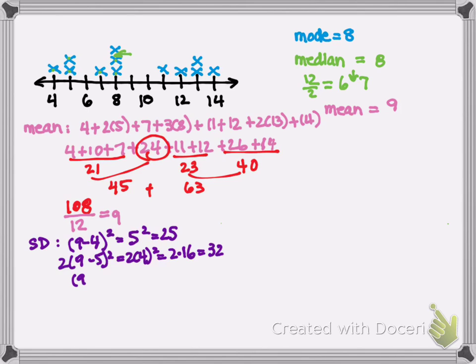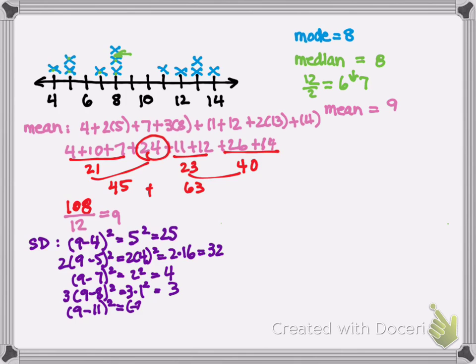And then I have 9 take away 7. And I'm going to square that. So I get 2 squared, and that equals 4. And then I have 3 numbers at 8. So 9 take away 8 squared. And I'm going to take that answer, and I'm going to triple it. So I get 1 times 3 is 3. And then I have 9 take away 11.